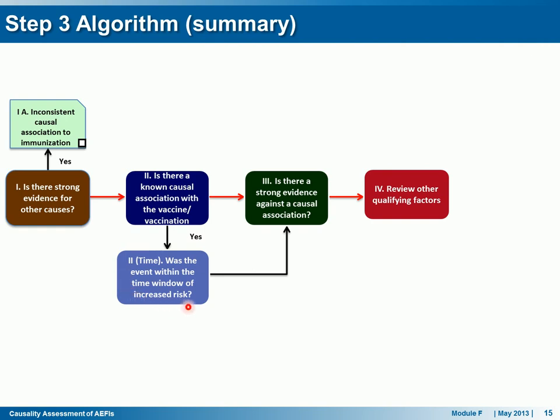Was the event within the time window of increased risk? And if the answer to that was yes, you would conclude that it is a consistent causal association to immunization, and you would put a tick here.